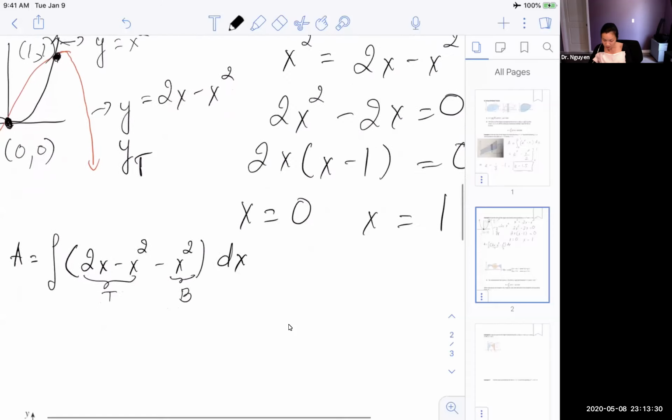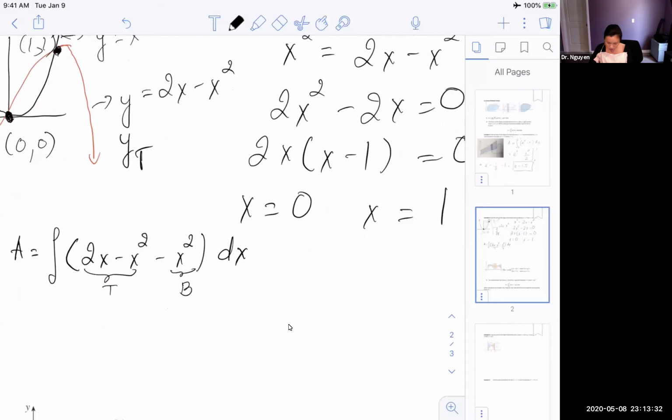From there, you should know what to do. So I have 2x minus 2x squared. I can definitely take the 2 out. From 0 to 1, x minus x squared dx.